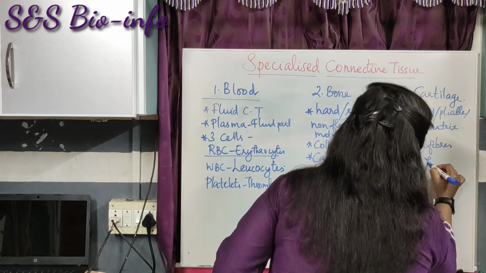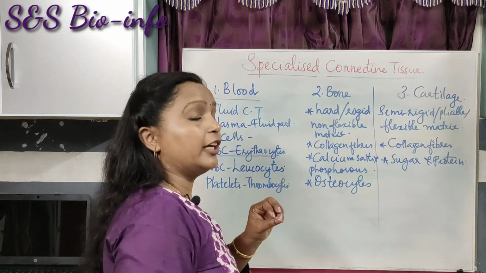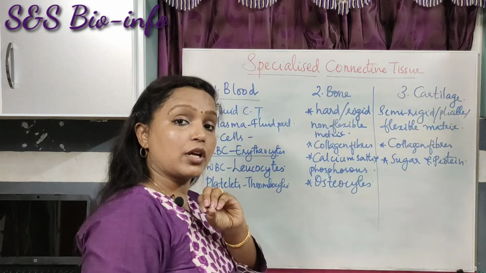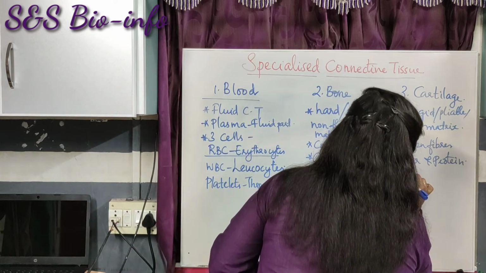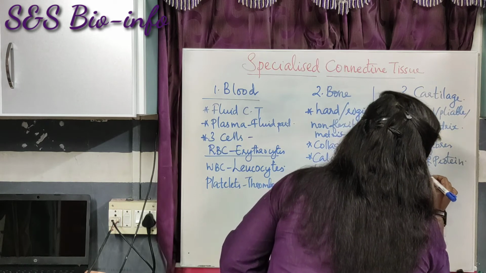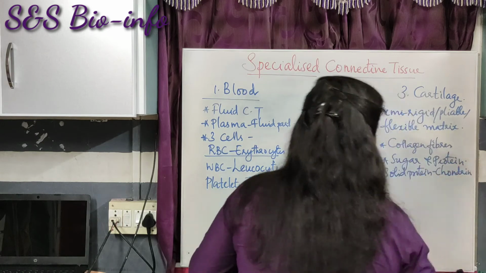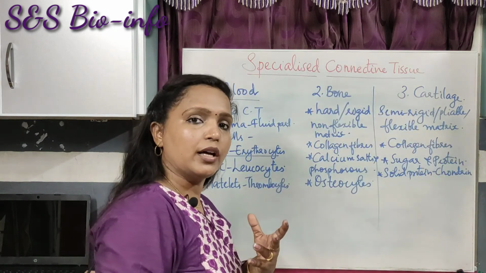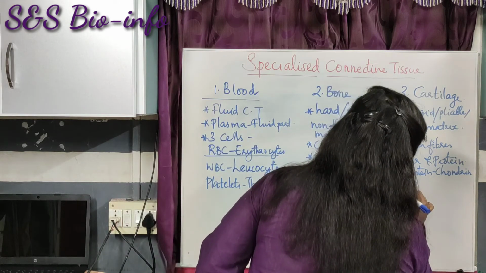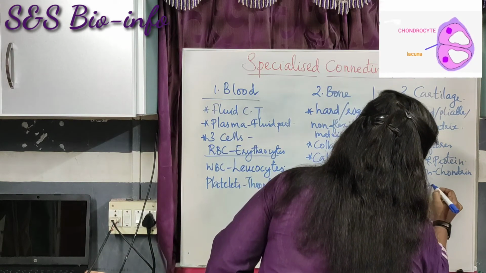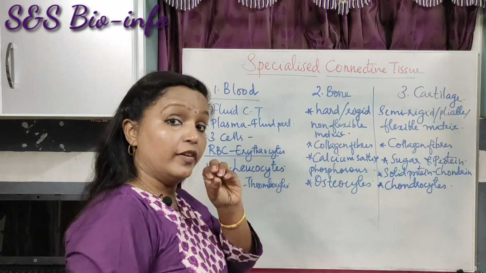It has a solid protein in the matrix which is called chondrin. The cells of cartilage are known as chondrocytes.